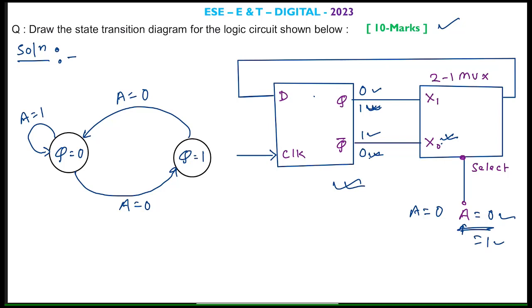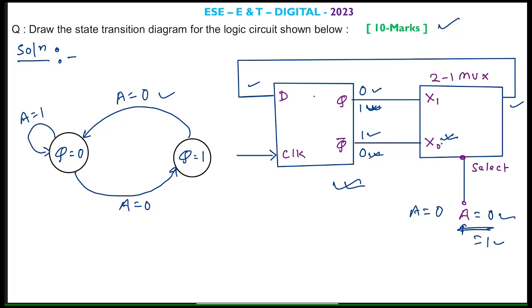This 0 will pass through to the D flip-flop and force it to go from 1 to 0. So the state transition will take place from Q equal to 1 to Q equal to 0. That is the reason this transition takes place: Q equal to 1 is forced to 0 if A is equal to 0.